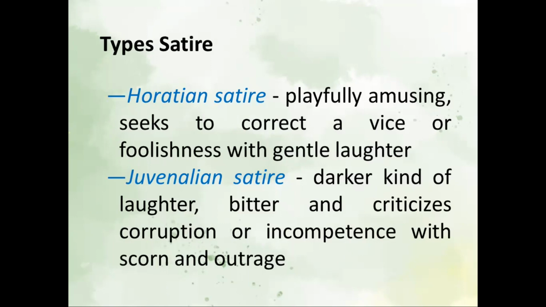And Juvenalian satire is a darker kind of satire that tackles bitter subjects and criticizes corruption or incompetence with scorn and outrage, but all of them are satire, with the intention to make people laugh.